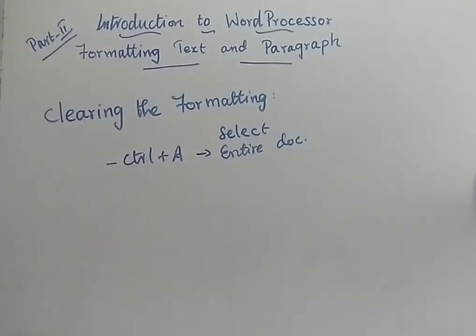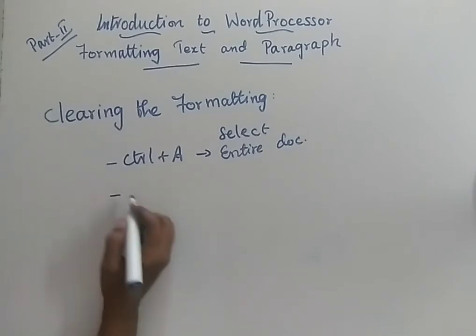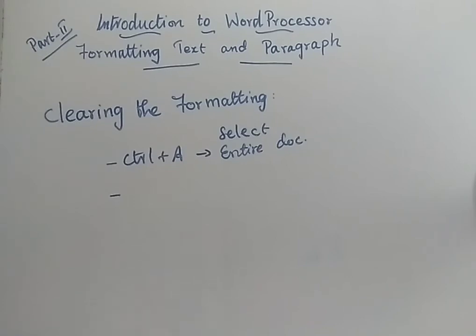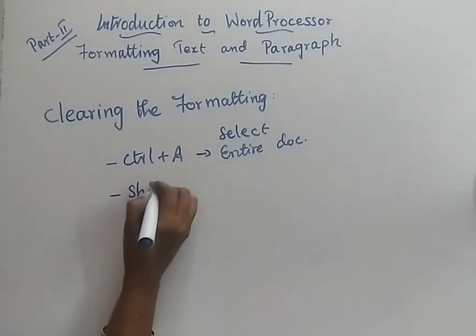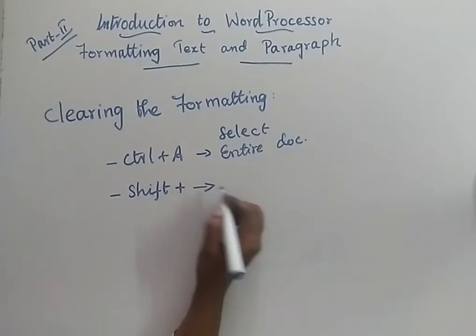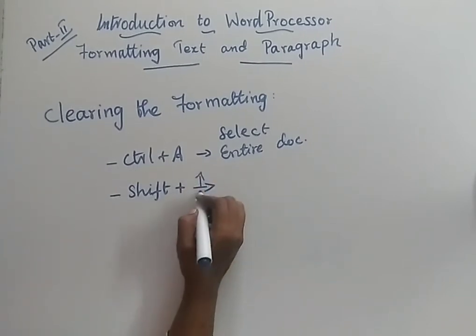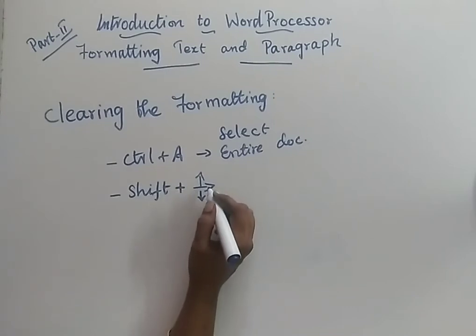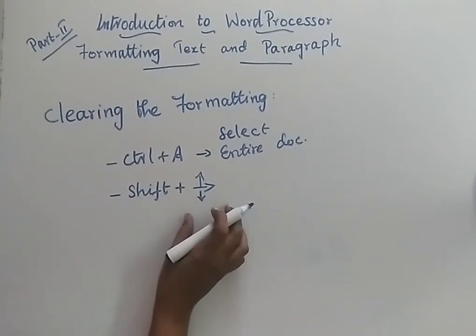Otherwise, if you are willing to select a few words, a few lines or a few paragraphs, we have already discussed in the previous part: just hold the shift key plus drag your mouse, or use the arrow keys, side arrow, up arrow or down arrow, whichever you need.